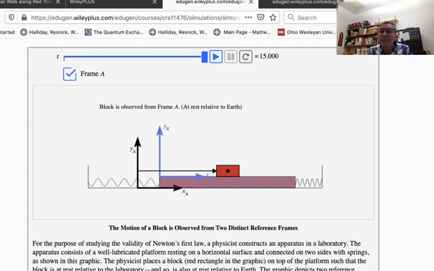Now I contend that reference frame A fixed to the Earth in this animation is an inertial reference frame. So Newton's first law must be valid. By observation, the velocity of the red block is constant. So by Newton's first law, the net force on the block must equal 0. Now we just got started thinking about forces, but let's just see if we can intuit.